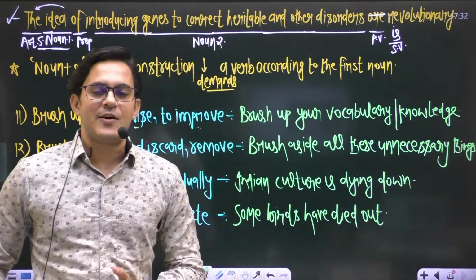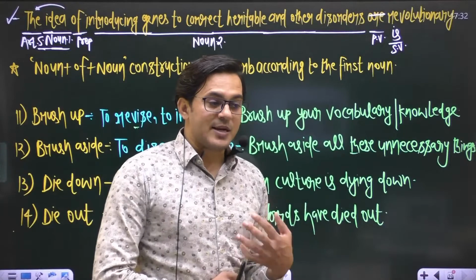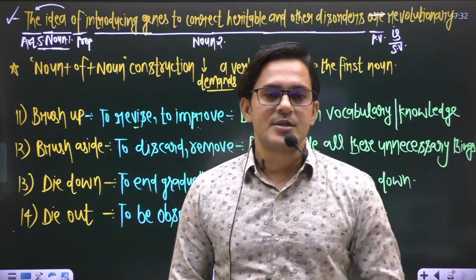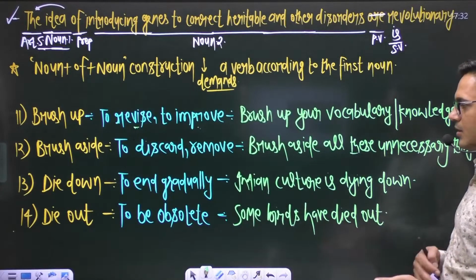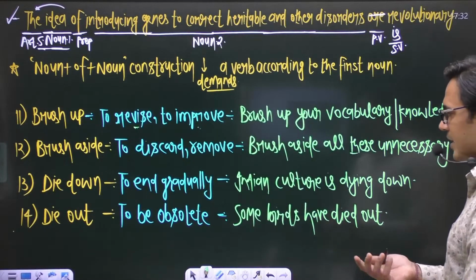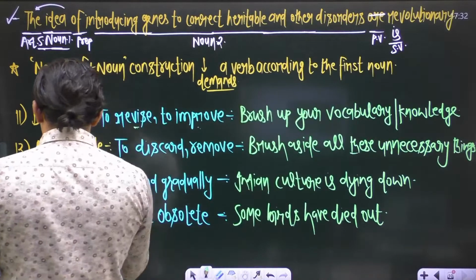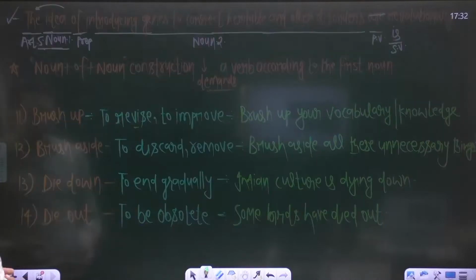Bell bottoms have died out, right? Some rituals have died out. You can just make sentences like this on the basis of these different phrasal verbs, right?